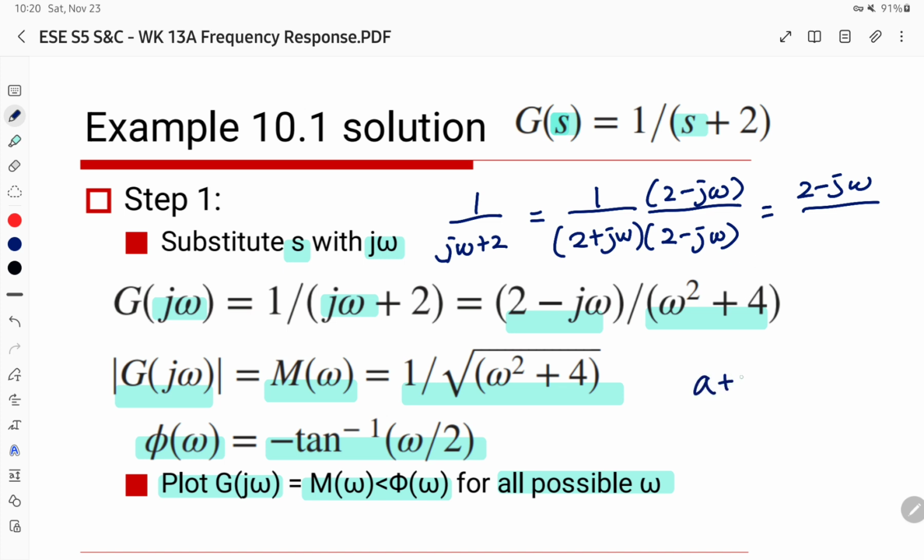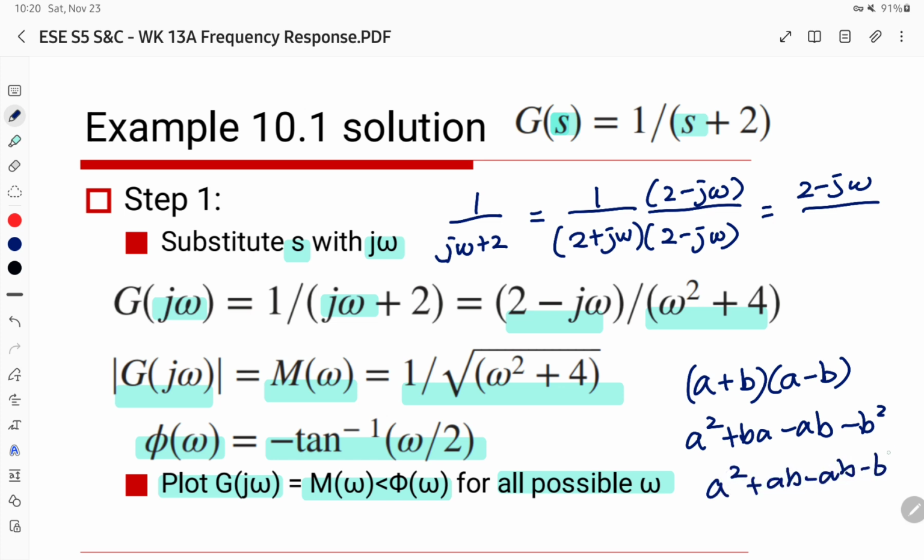You have A plus B multiplying by A minus B, which is A squared minus AB plus BA minus B squared. So A squared minus AB plus AB minus B squared, these cancel out, so it becomes A squared minus B squared.